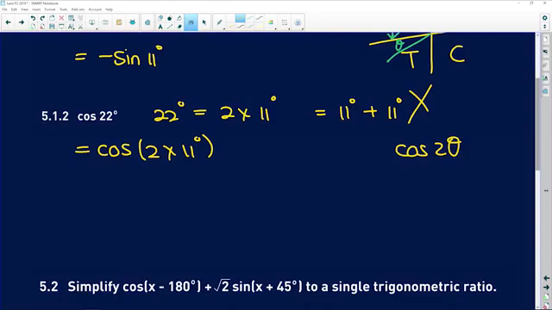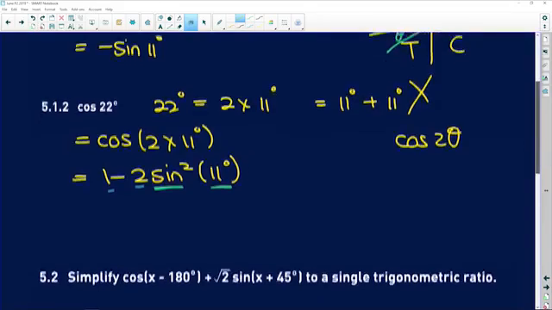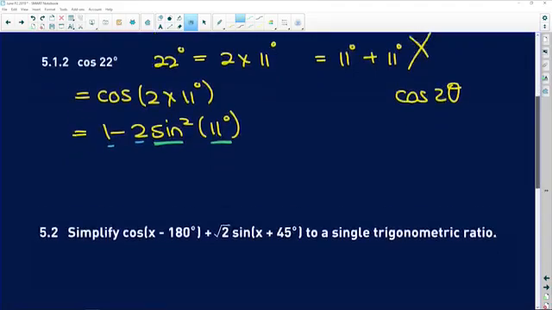But the one that only involves sine is 1 minus 2 sine squared of 11 degrees. Okay, so we have our sine and we have our 11 degrees. These two numbers, the 1 and the 2, are just things that we're doing to them. There are no other functions involved. It's just sine and 11. Okay, so that is a perfect answer.